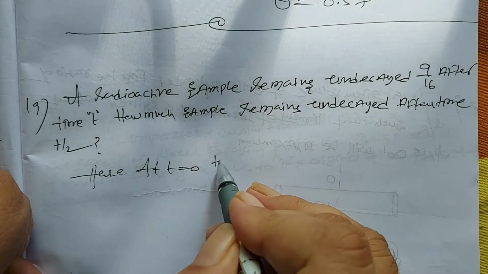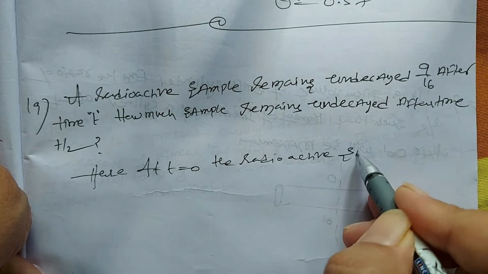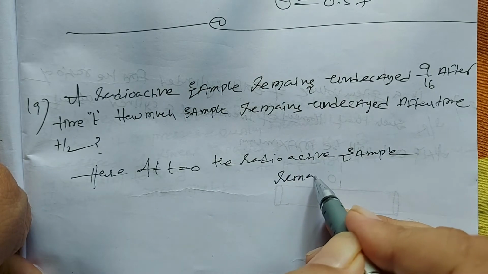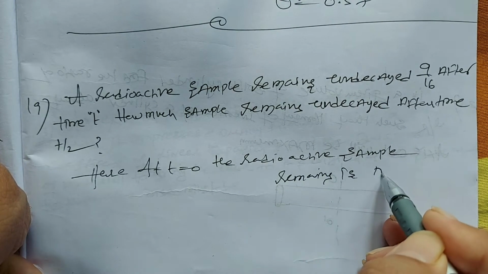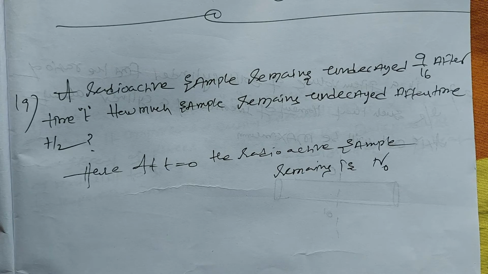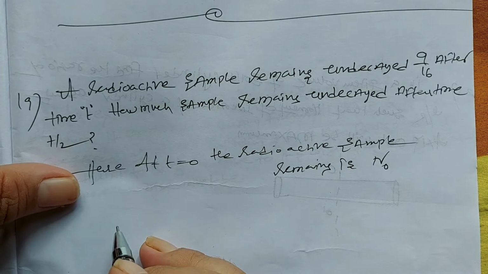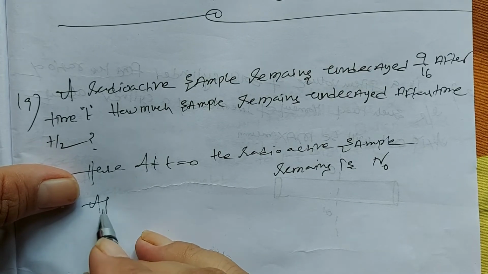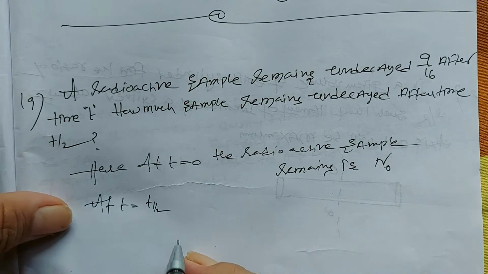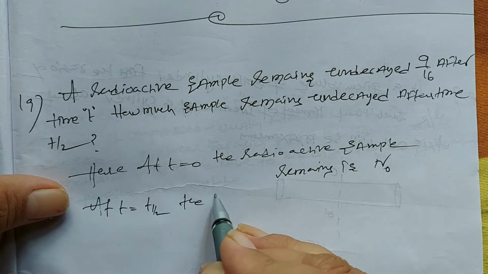initially, the radioactive sample remaining is N naught. At t is equal to t by 2, what happens?